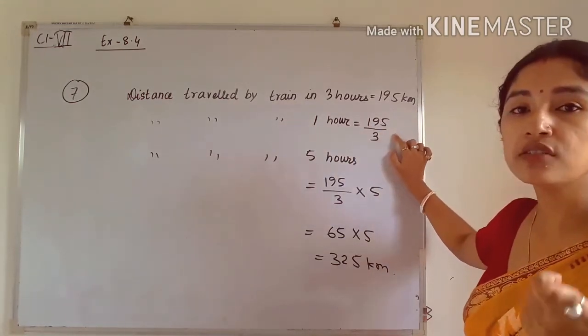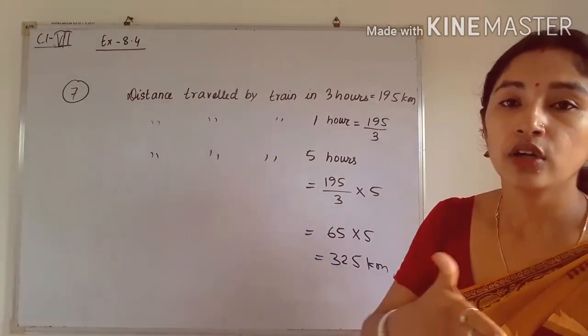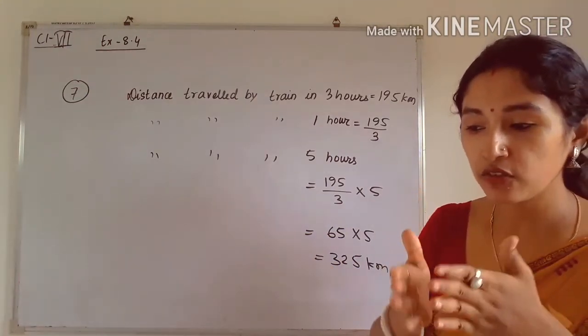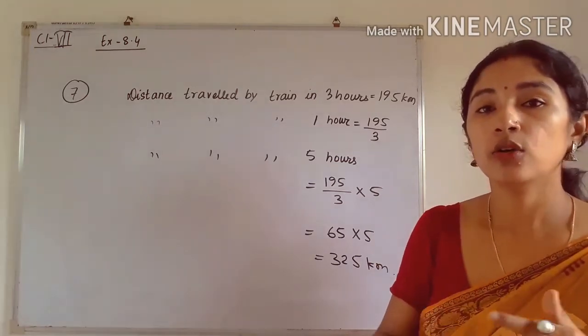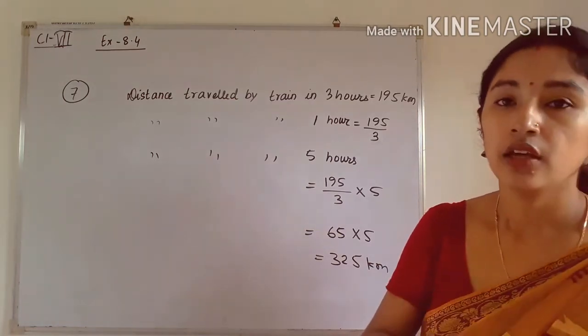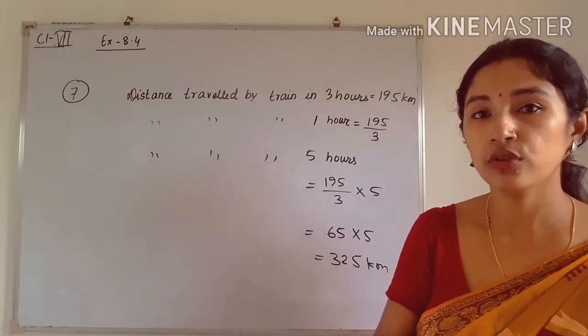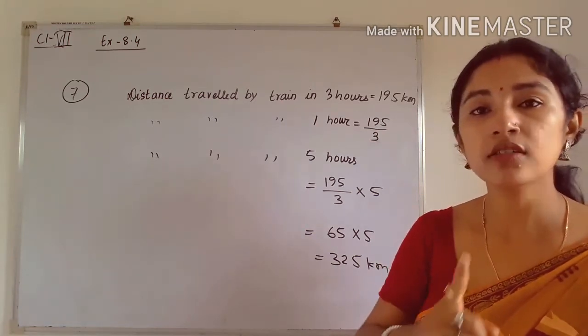If the train is traveling at the same speed, that means the speed of the train is constant. Again see the question of apple, question number 3. In that case also I told you that you have to consider that the weight of every apple is equal.